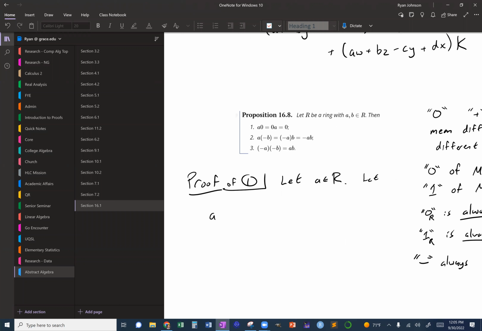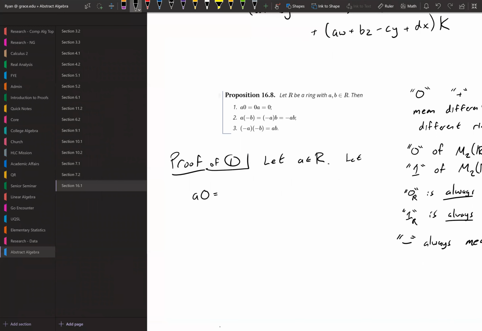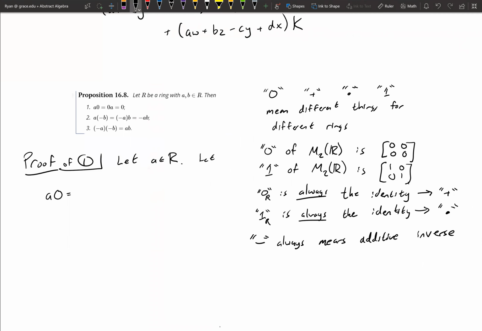Then A times 0 is equal to, so the only thing you know is that 0 is the additive identity. So recall, you can only do things like 0 is equal to 0 plus 0. Right? So that equals A times 0 plus A times 0 because you can distribute multiplication. Multiplication and addition work nicely together. They play nicely. Okay?